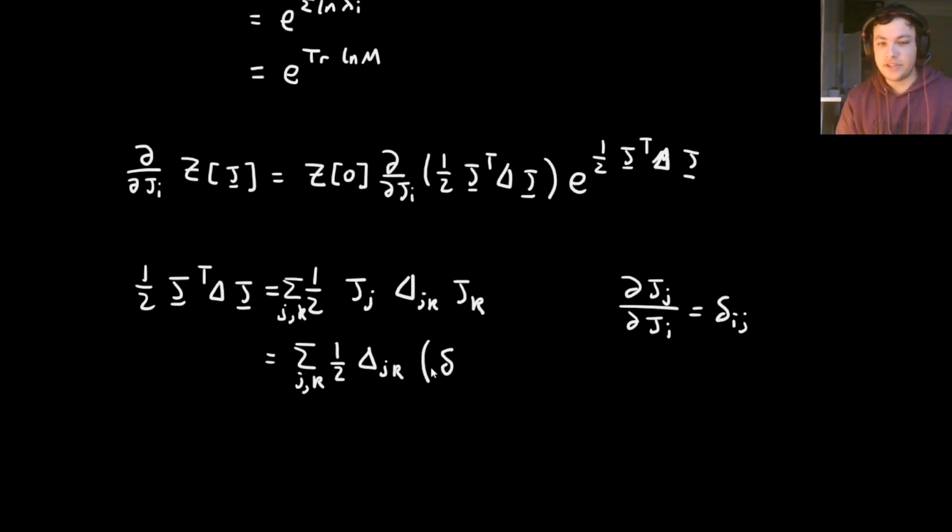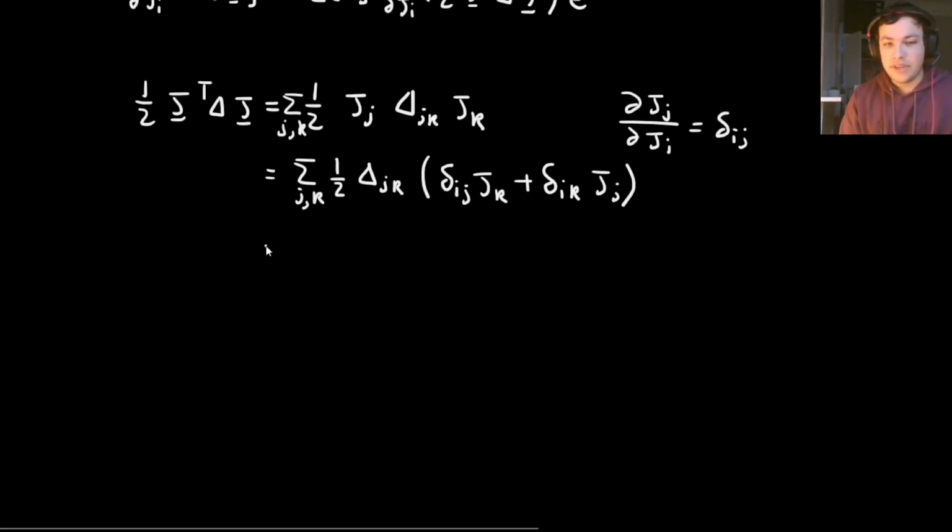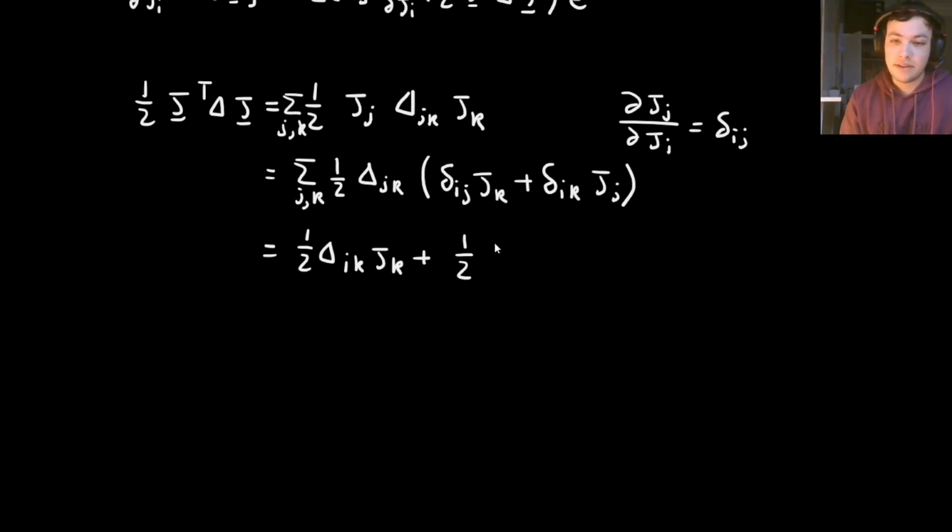So from differentiating J_j we get delta_ij J_k, plus from differentiating J_k instead we get delta_ik J_j. For this one, we do the sum over j, we're going to get 1/2 delta_ik J_k, sum over k here, plus if we do on the other one a sum over k, to eliminate this delta, then we're going to get 1/2 delta_ij J_j.